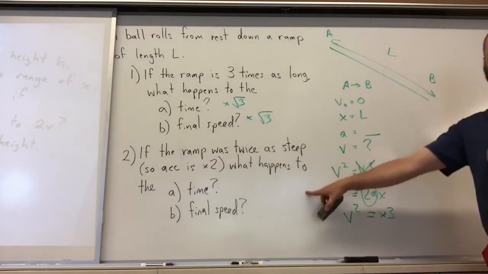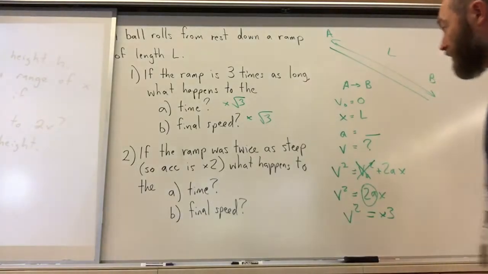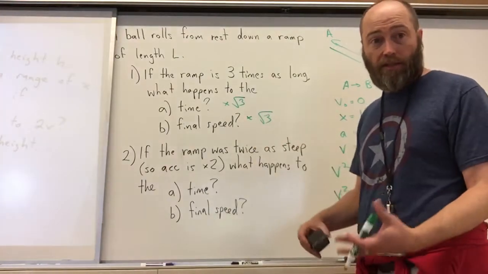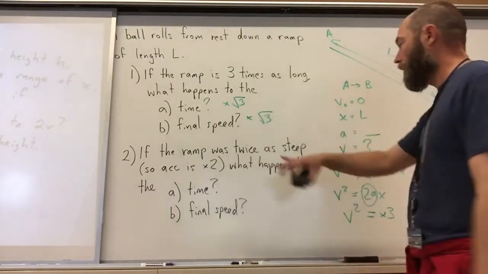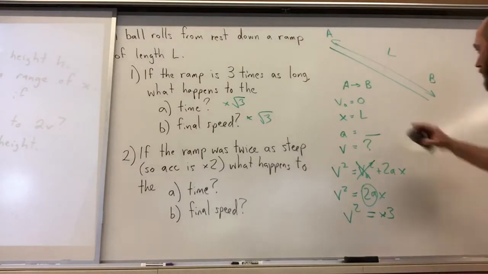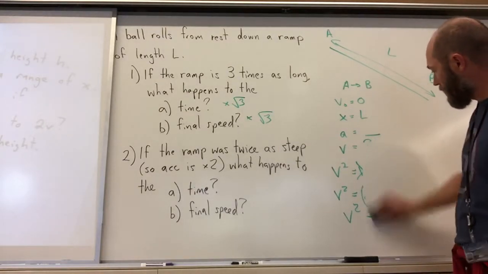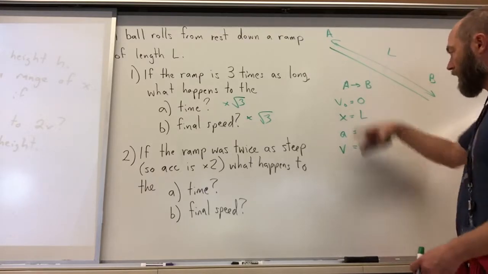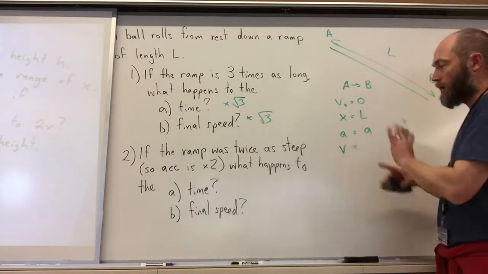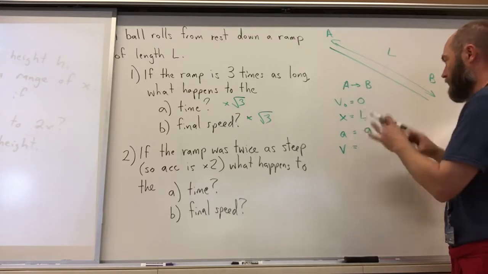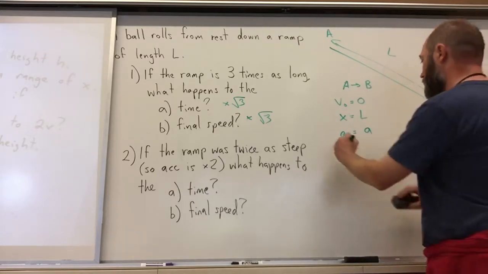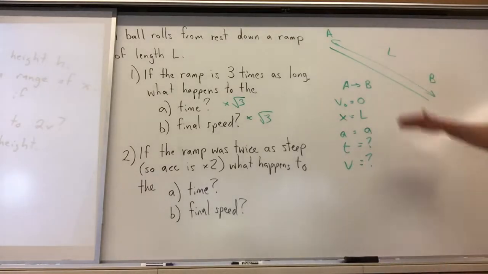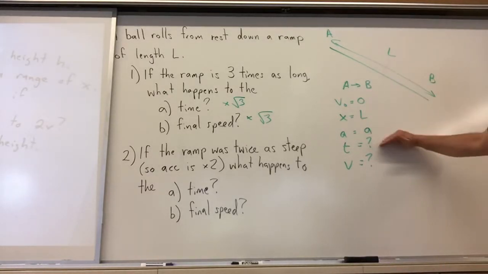All right, let's try this other one. If the ramp was twice as steep, so the acceleration is 2 times as great, what happens to the time and the final speed? With our different givens, my a is now going to be times 2, and I'm looking for my time and my final speed. Again, do I have an equation that relates this stuff?